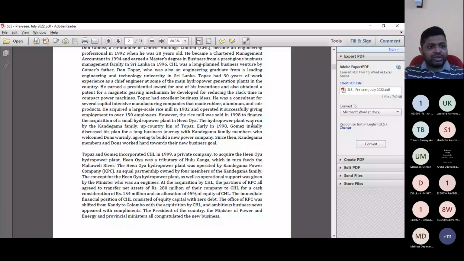If you look at this scenario, the immediate financial position of CEH consisted of equity capital with zero debt. That is at the inception. Then look at what has happened subsequently and whether they have sufficient access to the capital market or sufficient access to finance to consider obtaining new finances, right?